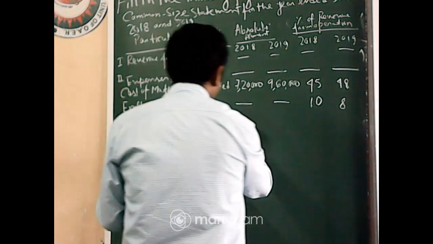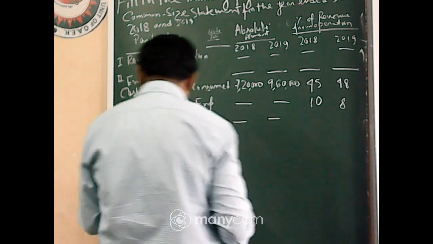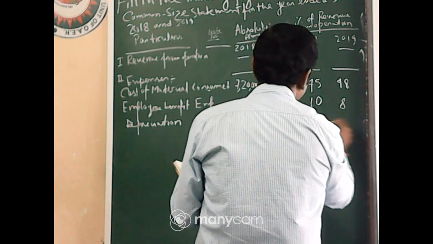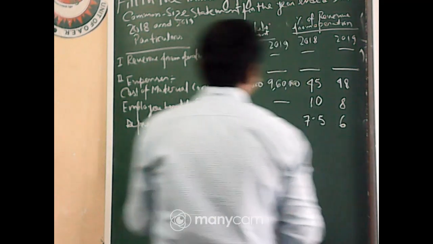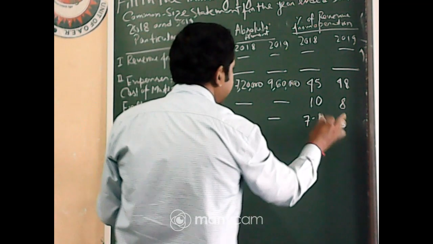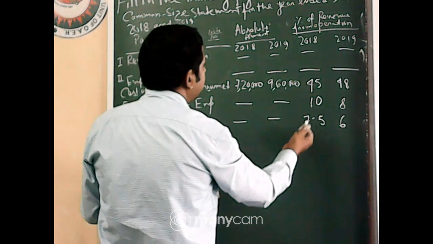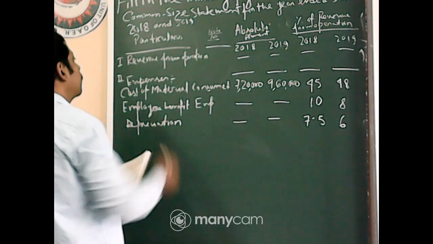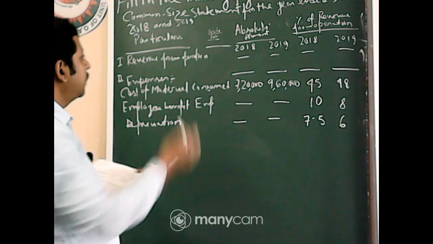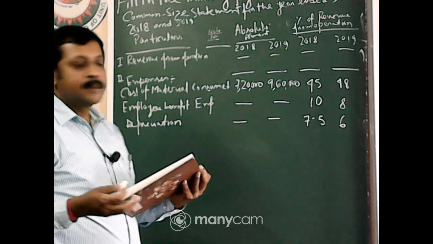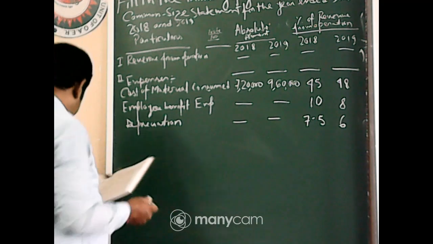Here 7.5 and 6 percentages are given. How is this percentage calculated? In a common size problem, there is one common thing, that is the base. In the case of the profit and loss statement, the base is revenue from operation.